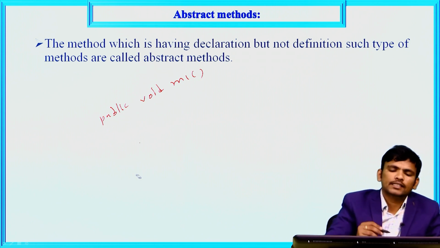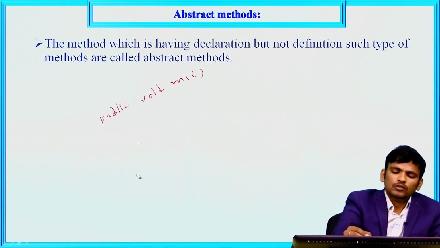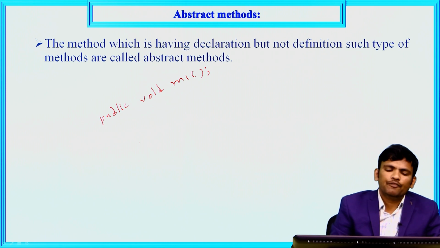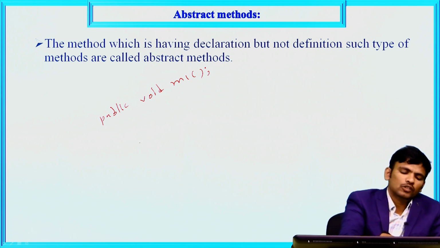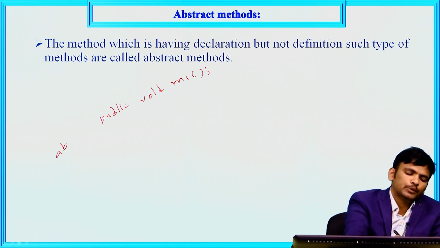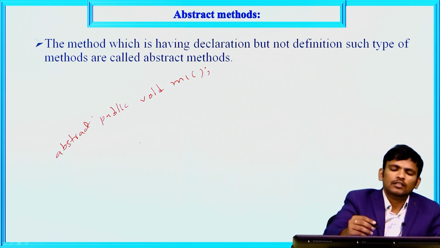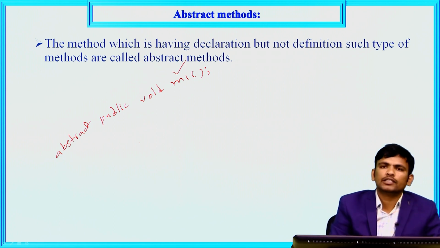If you write this statement here, we need to terminate it with a semicolon, and if you terminate a method with a semicolon, you must compulsorily declare it abstract. Now this method becomes abstract: the method which has only the declaration but not a definition is nothing but an abstract method.